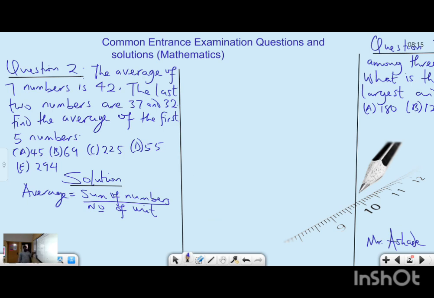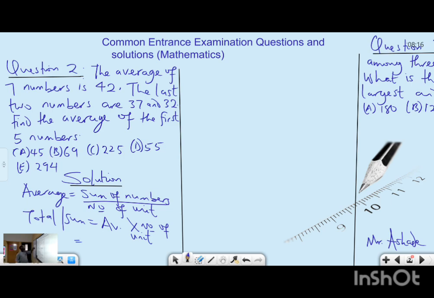Now we have that average is sum of numbers over number of units. So we need to find the total, or the sum of numbers, which is average times the number of units. By the time we cross multiply this, we have average times the number of units.